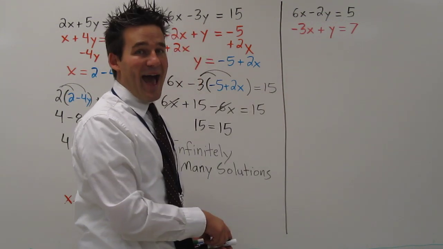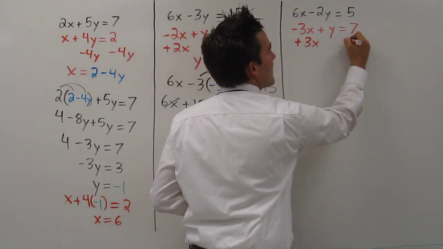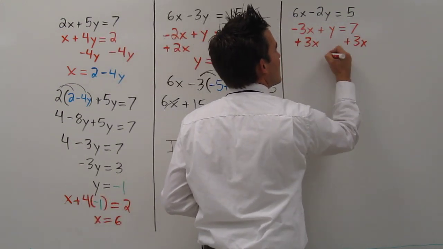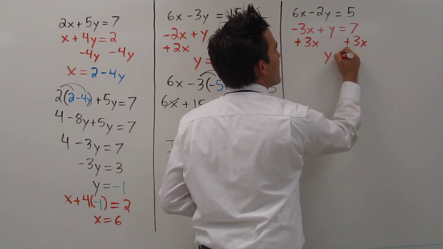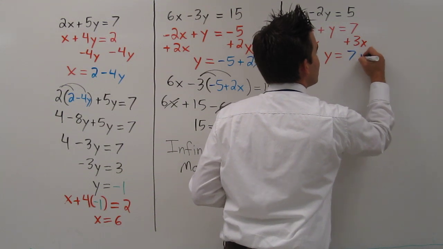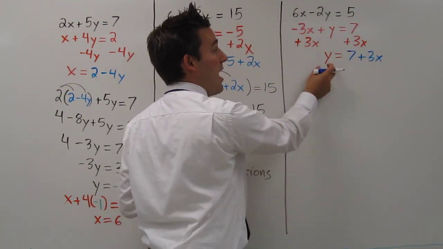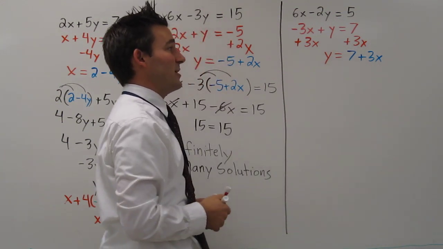Now finally, in our third example, let's solve for y again in the red equation. We can do that by adding 3x to each side. So we can see we can now substitute y for 7 plus 3x.